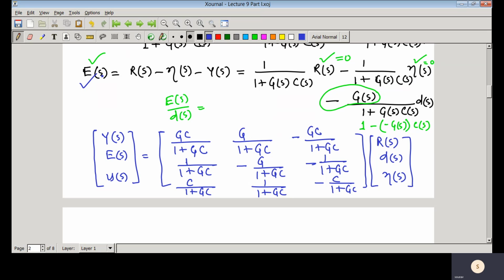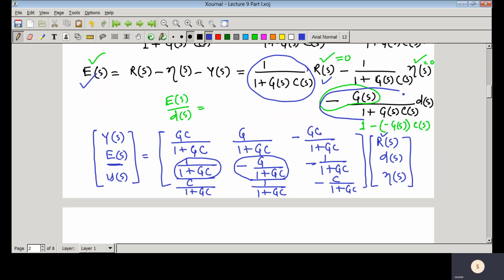You can look at the last equation. The last equation is eta S. You can see here that eta S is equal to this transfer function into RS. If you just follow matrix multiplication, that is this transfer function into RS, then minus of this transfer function, that is minus of G by 1 plus GC into DS.